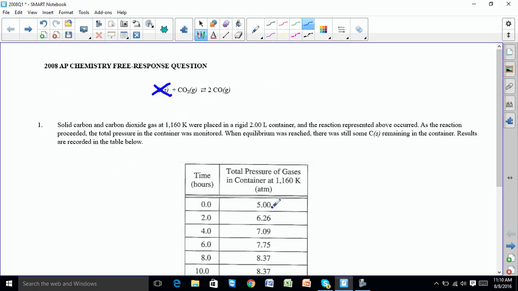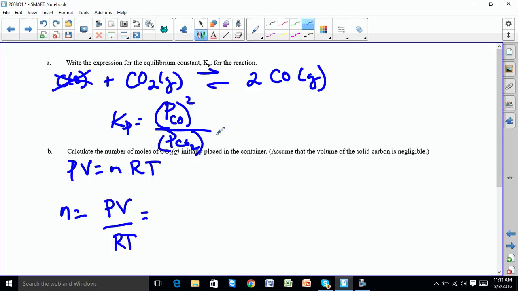So the total pressure in the container at time 0, in the beginning, it's solid carbon and carbon dioxide. So it's 100% this, 0% this. And then it goes until equilibrium is reached. So remember, the initial pressure is 5 atmospheres. You get that off the table.